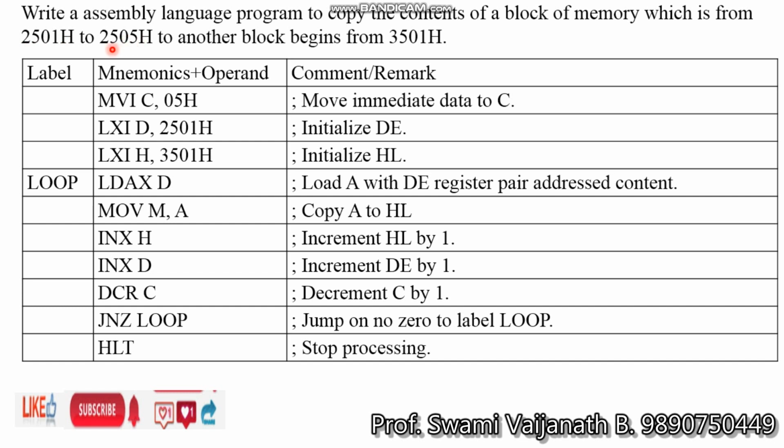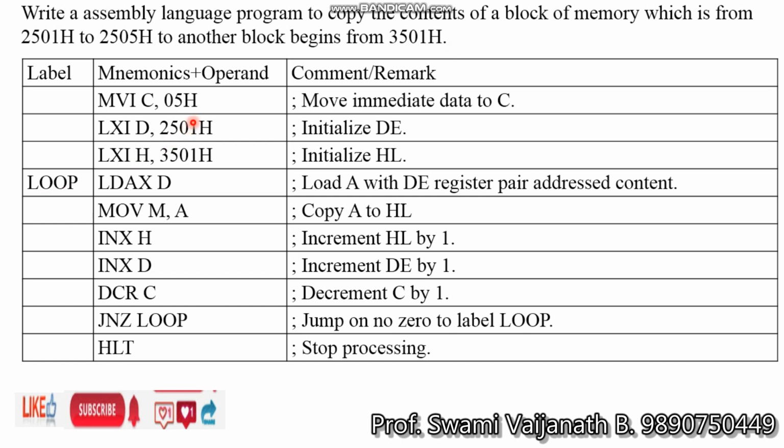That means you count 2501H, 2502H, 2503H, 2504H, 2505H. Your count is 5, and those 5 contents are copied to 3501H, 3502H, 3503H, and onward.